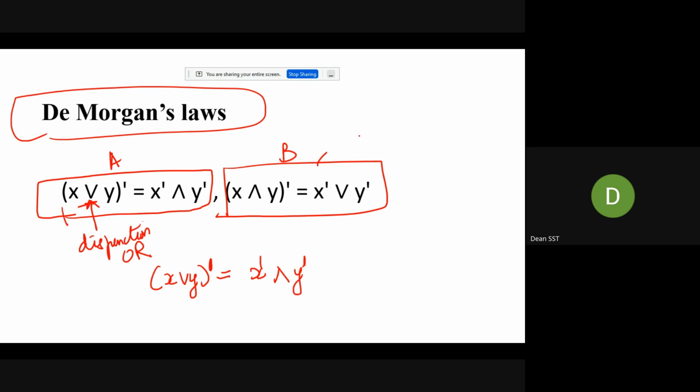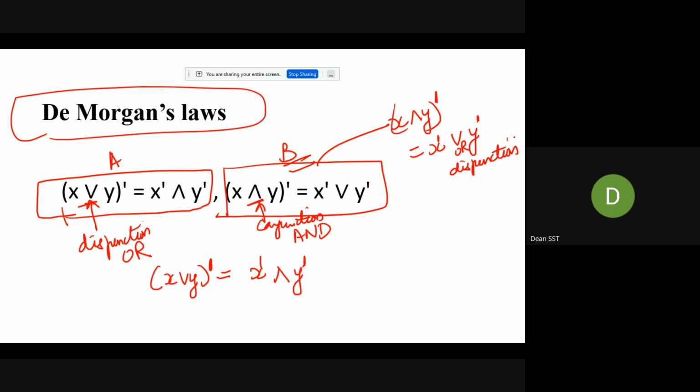In the similar way, here you are having conjunction. X conjunction is also known as AND. So (X and Y) bar, the complement, is equal to X complement or Y complement. This is OR, disjunction. So these are De Morgan's laws.